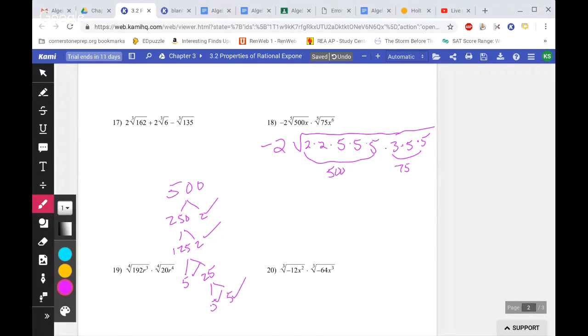But what you want to do is pull out sets of 5. So you've got this. There's only one set of 5. So you've got -2 times 5. And then everything else that's left underneath there. That's 2 times 2 times 3. And then we've got x to the 7th underneath there.